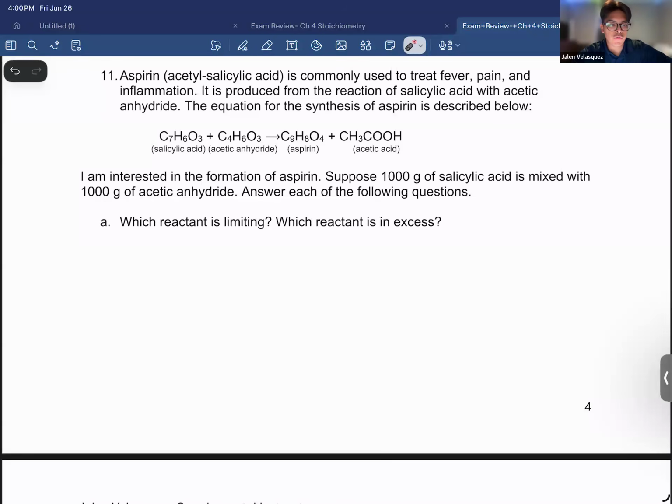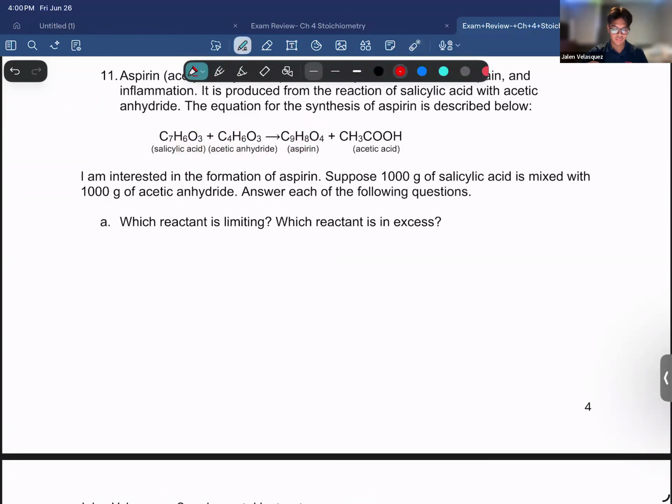All right, any questions so far? I'll start to go through number 11. Okay, so we say we're interested in the formation of aspirin, right? So we're going to go from the grams of each of these reactants to the grams of aspirin. So let's do it for salicylic acid first.